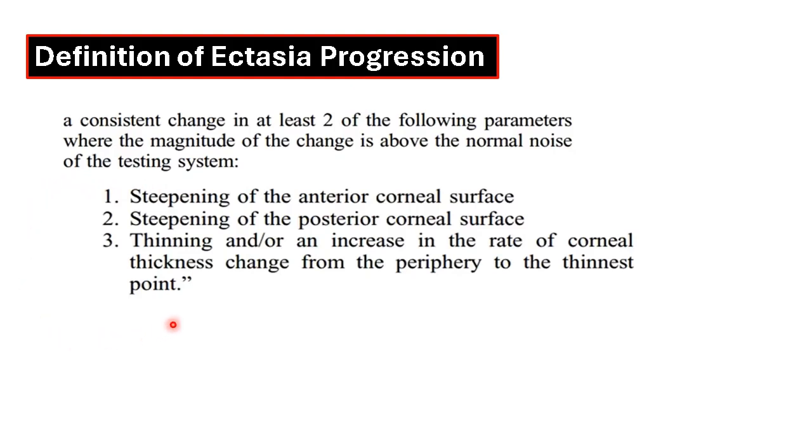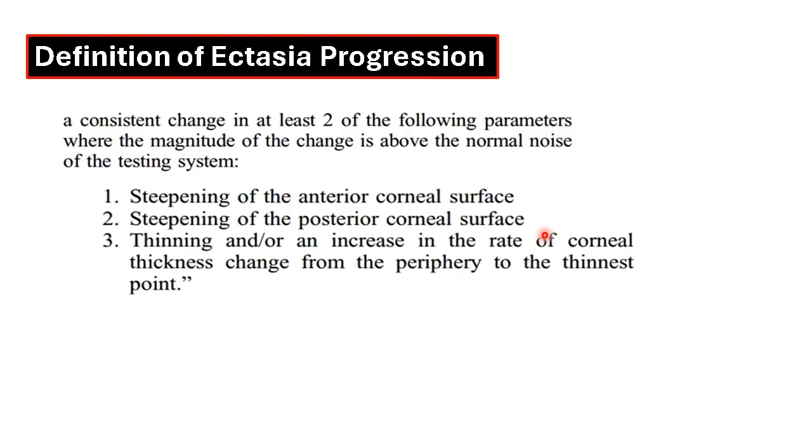We have 3 very important variables: steepening of the anterior corneal surface, and/or steepening of the posterior corneal surface, and/or thinning of the cornea, or changes in the thickness profile from the periphery toward the thinnest point of the cornea. If there are consistent changes in 2 of these variables, it is enough to document the presence of progression in the ectasia. I think this is similar to, for example, glaucoma.